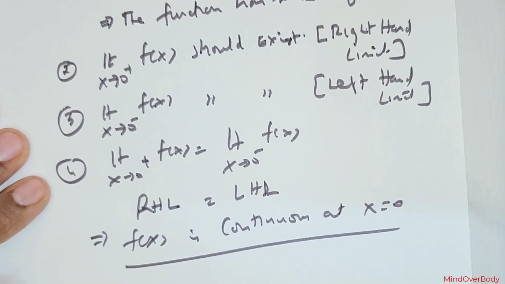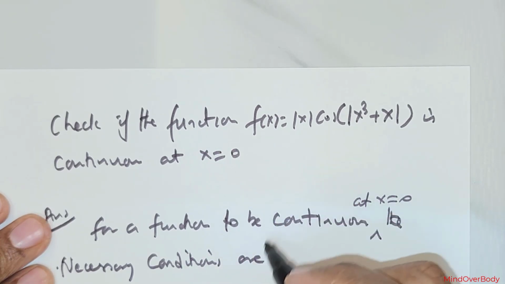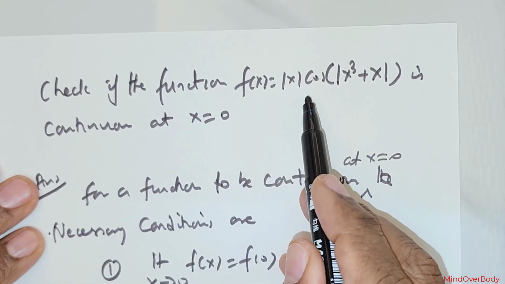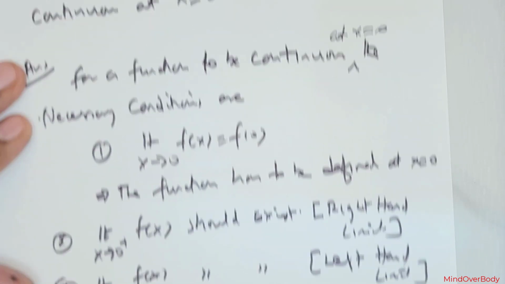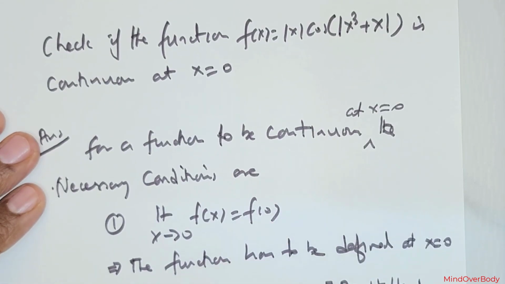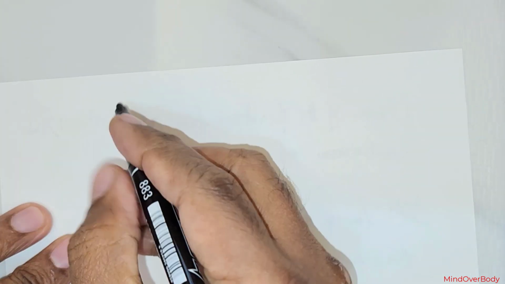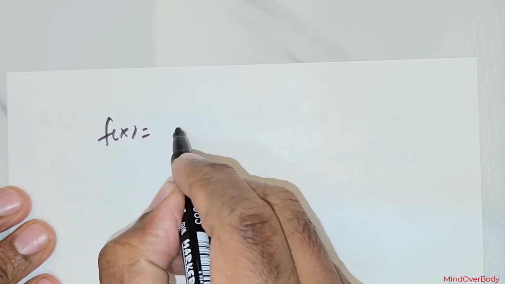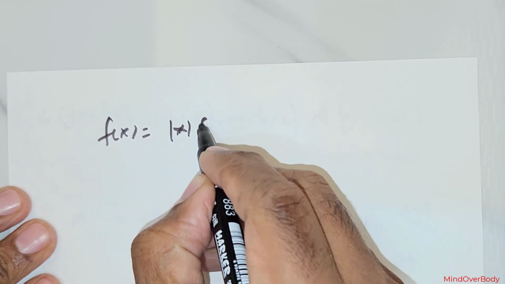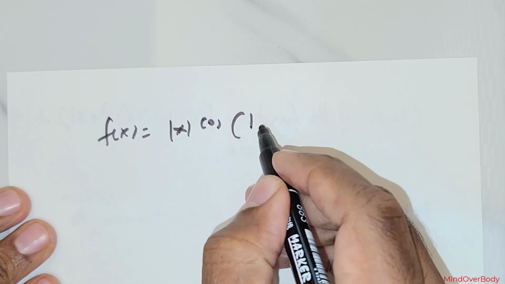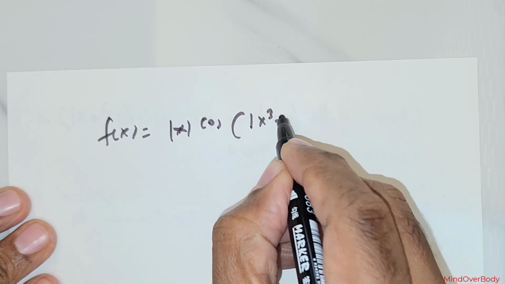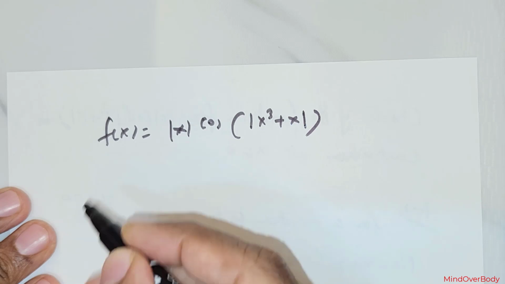Okay, so having given you this, let me go and provide you the solution for this question by checking each of these conditions. So foremost, I will find out this condition. So f of x is given as modulus of x times the cos of modulus of x cubed positive x.